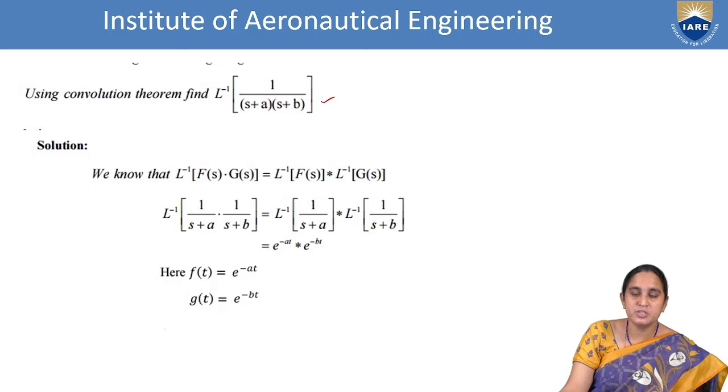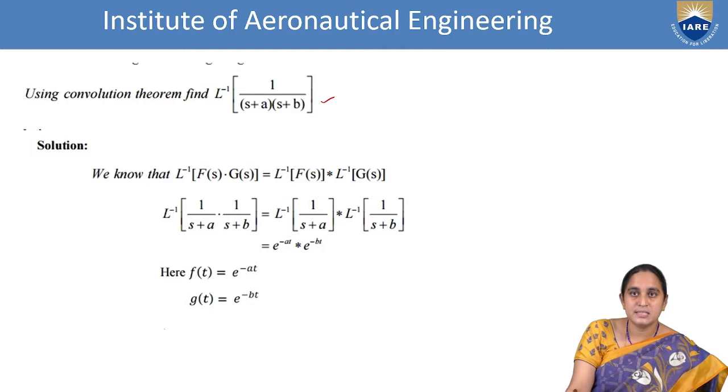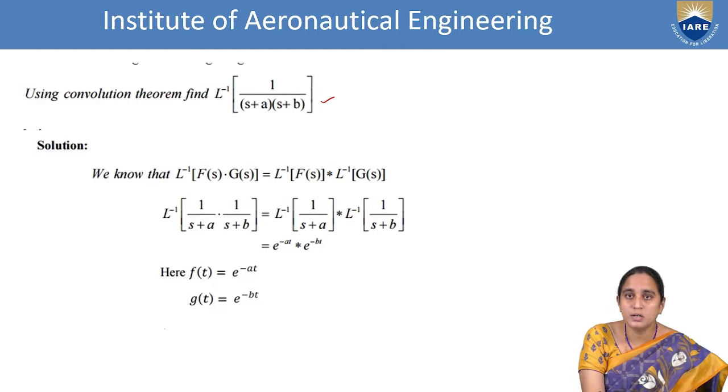From the convolution theorem definition, we know that Laplace inverse of f of s into g of s is equal to Laplace inverse of f of s star Laplace inverse of g of s.